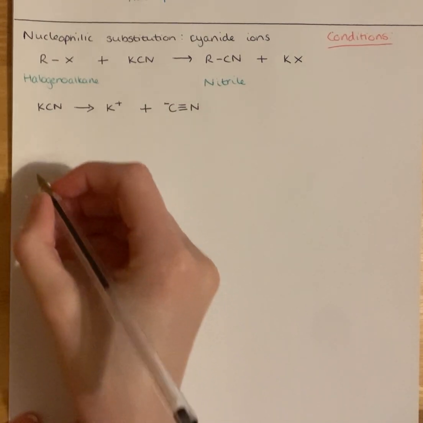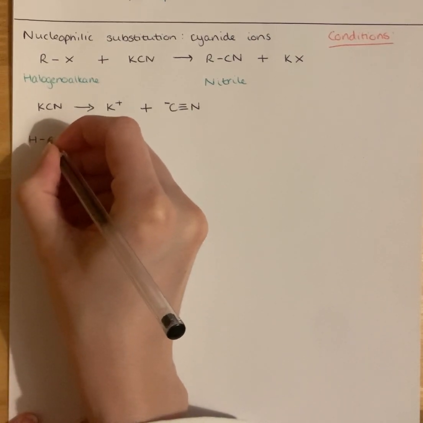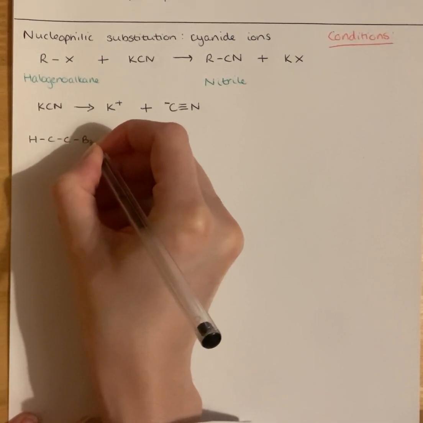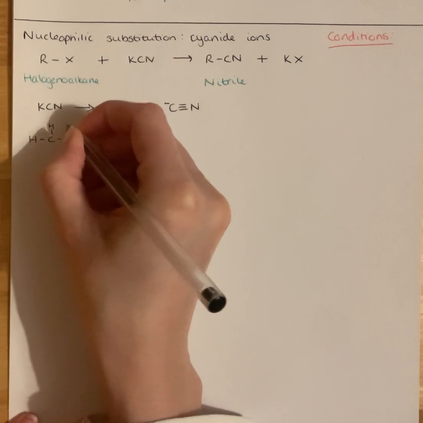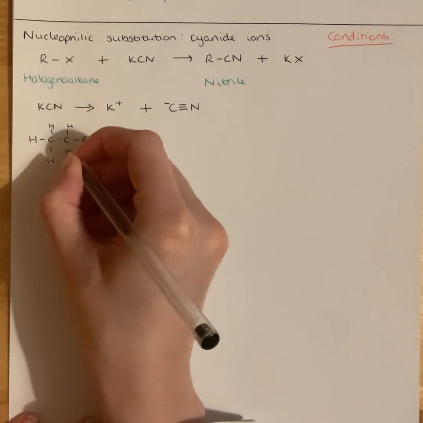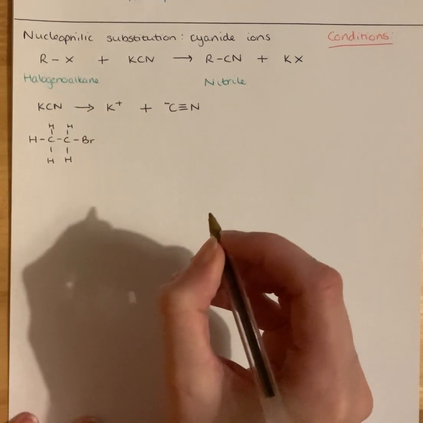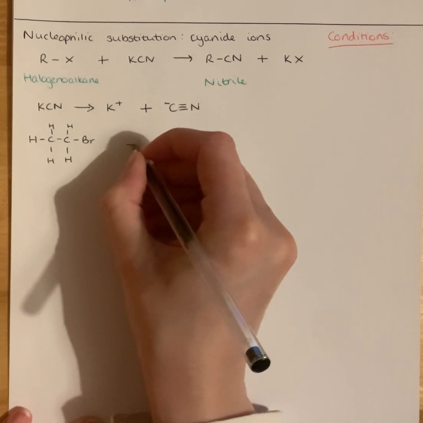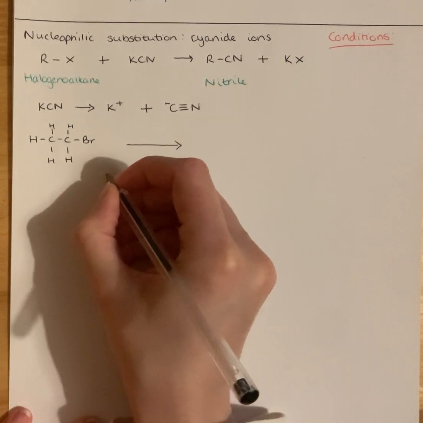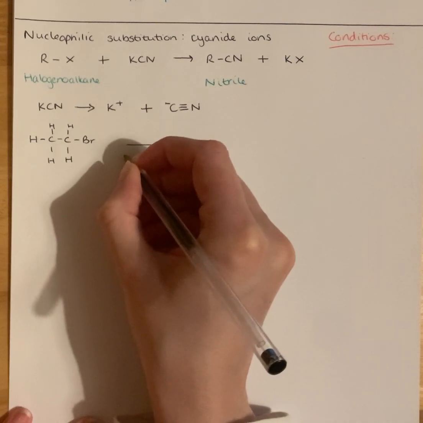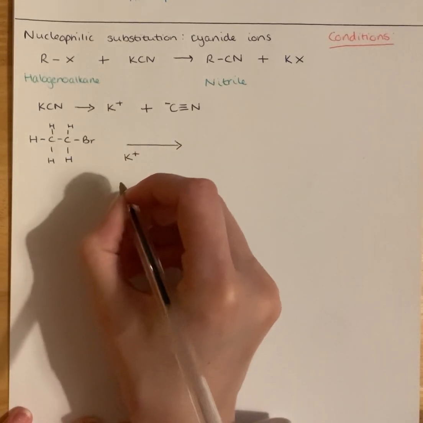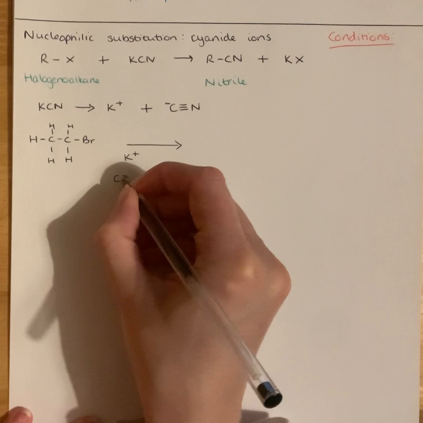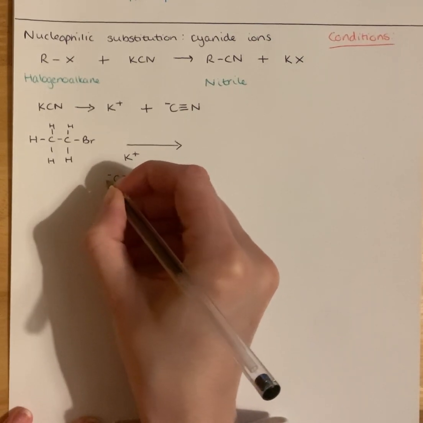So again, if we take the example, we'll do bromoethane again. If we have our potassium cyanide, so there's going to be some potassium in here, and there's also going to be some of our cyanide.